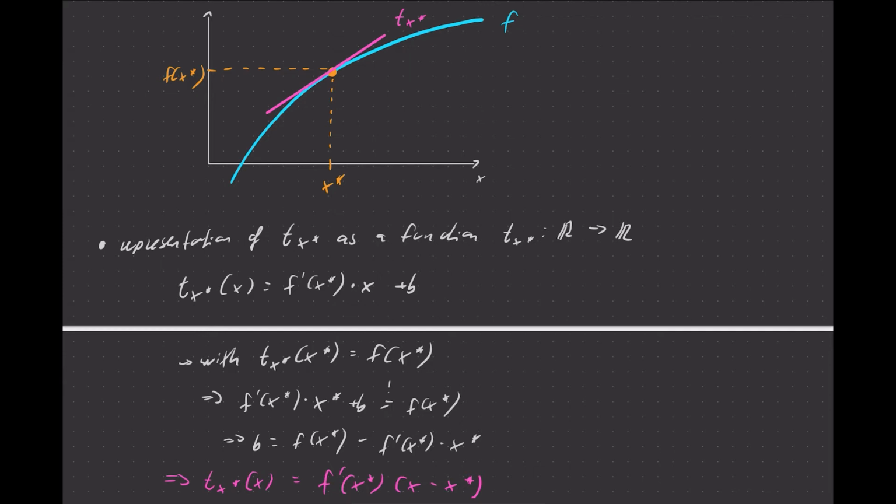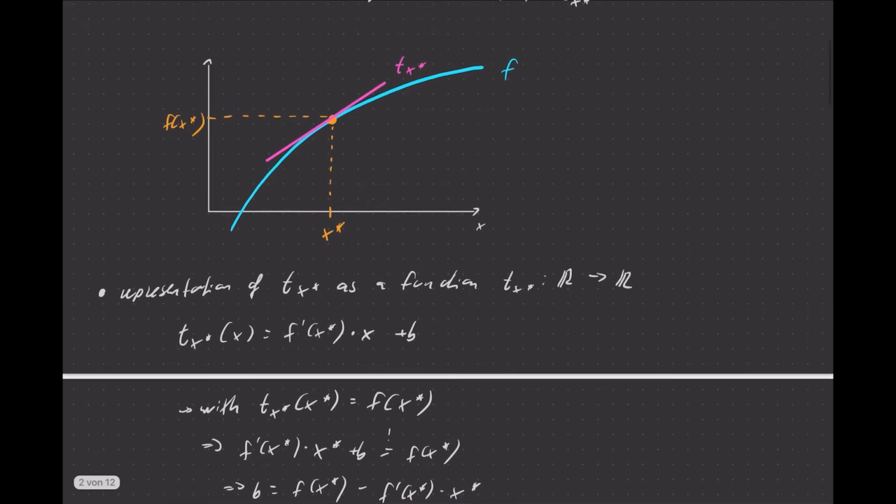And then we're still missing this term here, so plus f of x star. So this is the functional term that describes this tangent here, and you can clearly see that at the point x star, this term here becomes 0. So that part vanishes, and we are only left with this part. So at x star, the function value is exactly this here. So this is a quite convenient way of writing down that representation here.